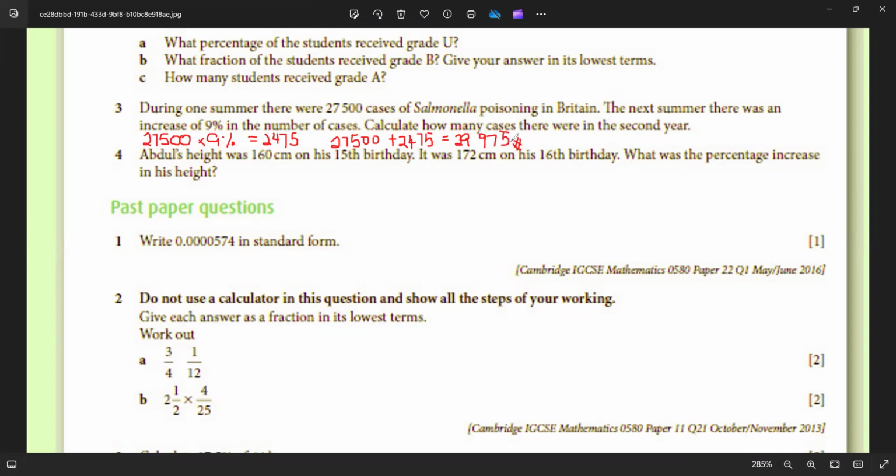Question 4. Abdul's height was 160 cm on his 15th birthday. It was 172 cm on his 16th birthday. What was the percentage increase in his height? So firstly, we'll write percentage increase first, as stated in the question.